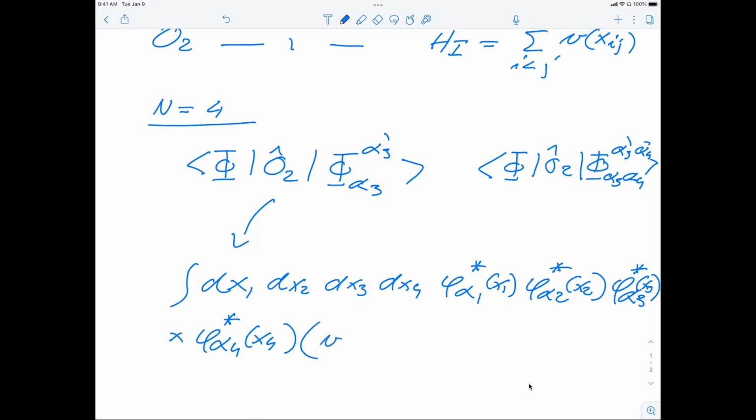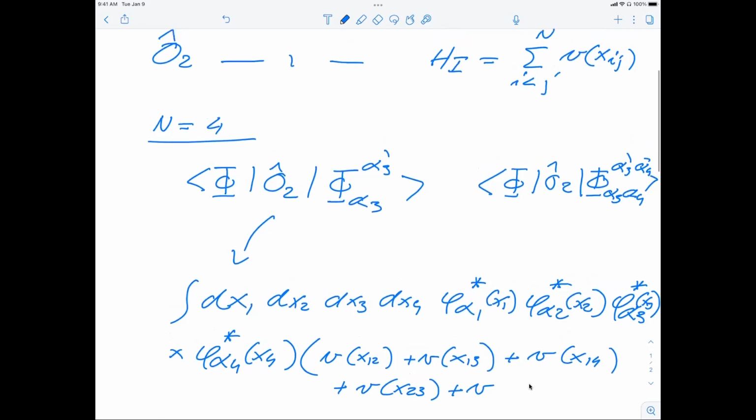So we would have V of x12 plus V of x13 plus V of x14, and then we get plus V of x23 plus, so there will be 6 matrix elements in this particular case. And note that the sum is defined so that we don't have any double counting.